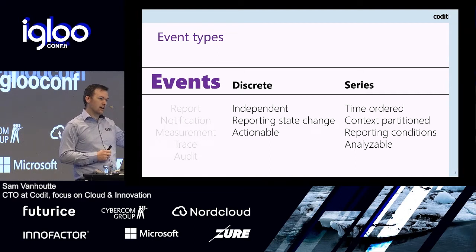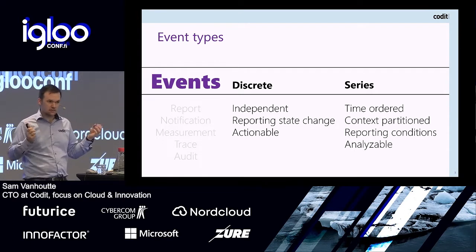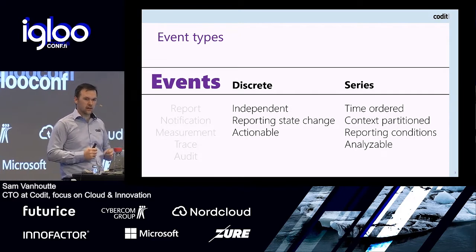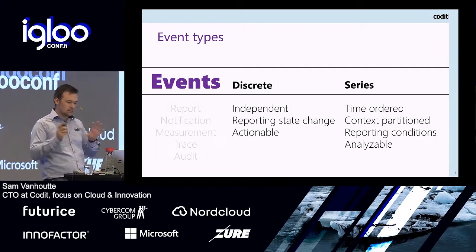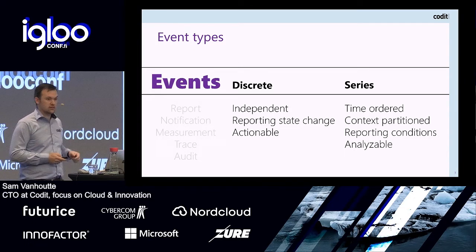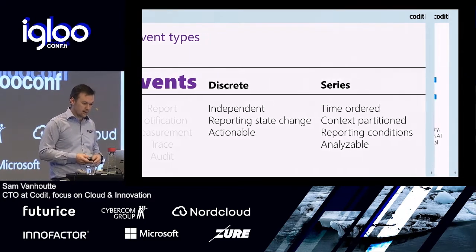The other type, you have discrete events. That's something that happens at random, like a state that changed, an order that got fired, things like that. So these types of events is something that you can handle with Event Grid, especially the ones on the left. These are quite suited for that.